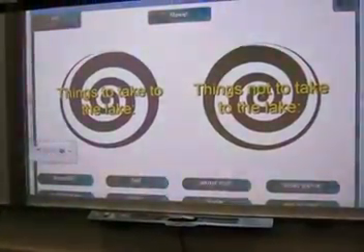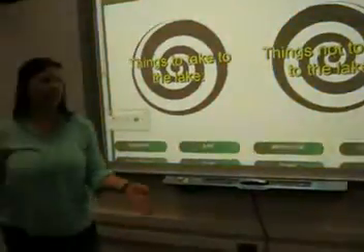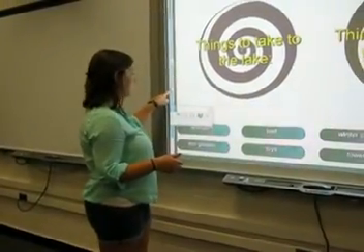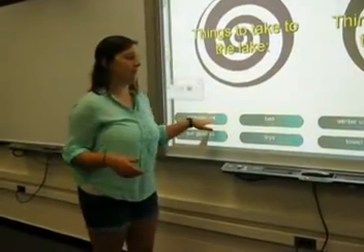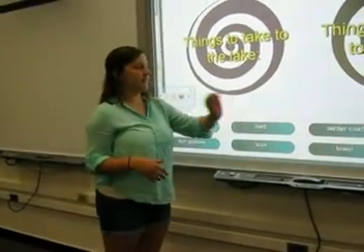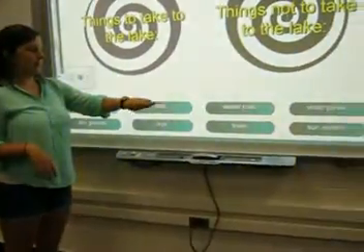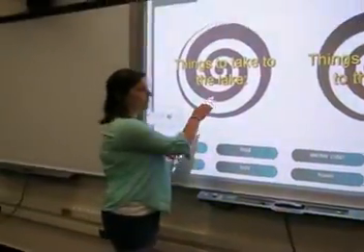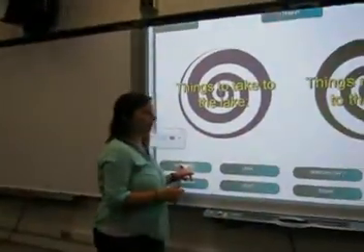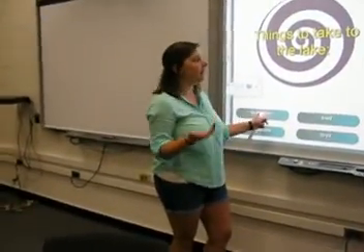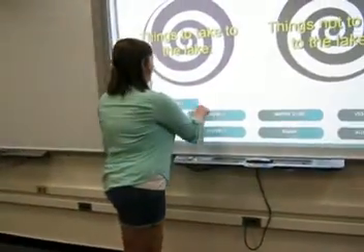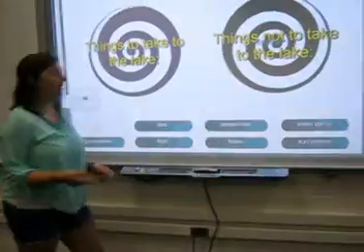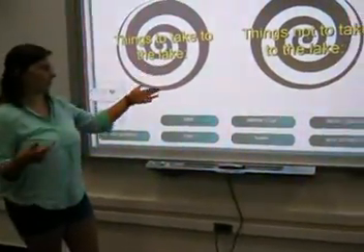In this book, Sam, the main character, is going to the lake, but to tie it into students' lives, I've made a bunch of things, and you would pick one. This one says the television, and students would pick which vortex it belongs in. The television is something you would not take to the lake, so students can slide that, and if they get the correct answer, it goes into the vortex.